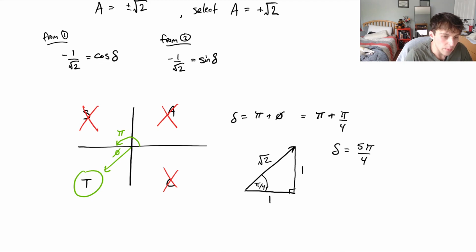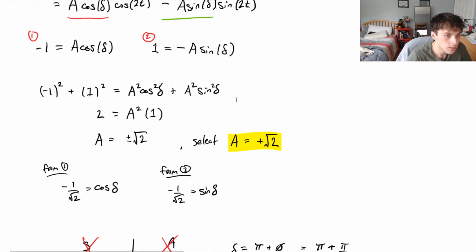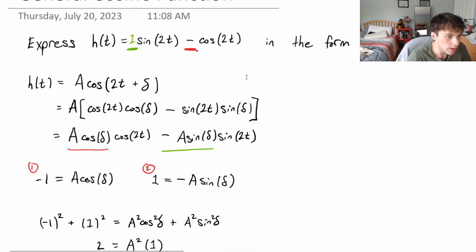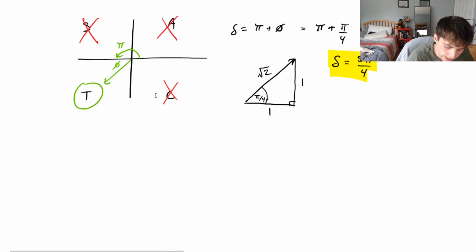And now we just need to finish off the question, because we have our delta and we also selected our A to be positive root 2. And remember what we started off with, right? We're just asked to express this function in the form of A cos(2t + delta). So we can end this finally.